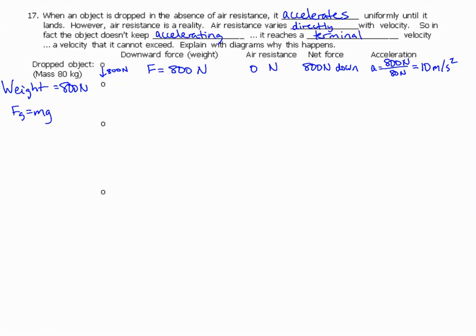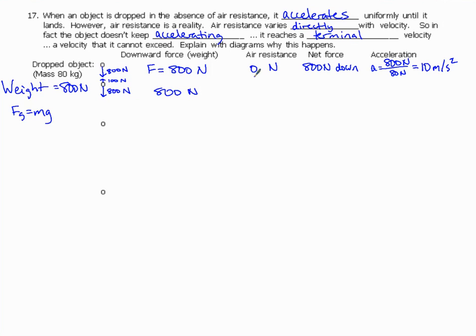just like usual. But as we continue to fall, the weight of the object is still 800, but let's say the air resistance is contributing 100 newtons at this point. So what's the downward force, or the weight of the object? Still 800 newtons.